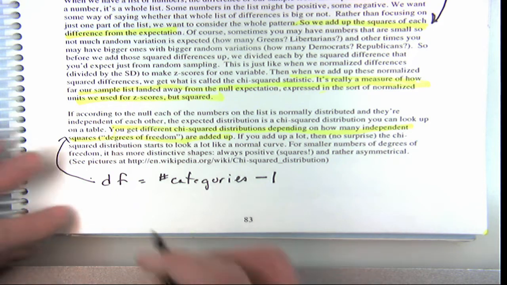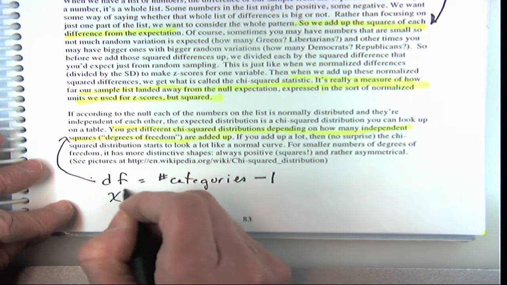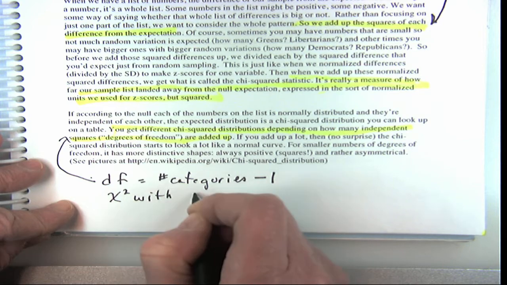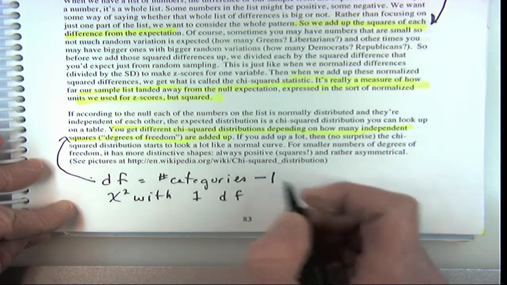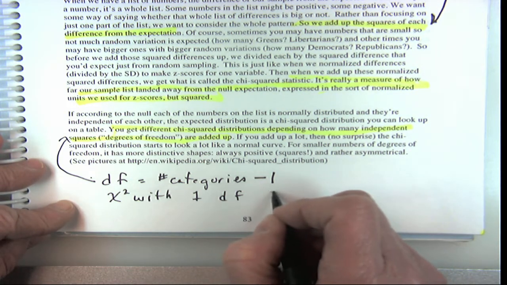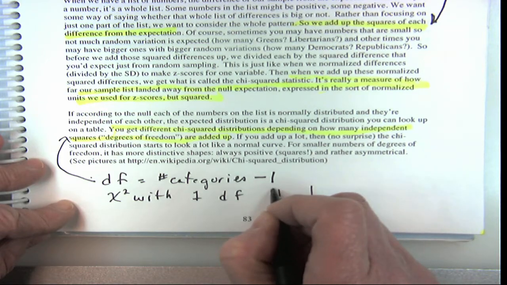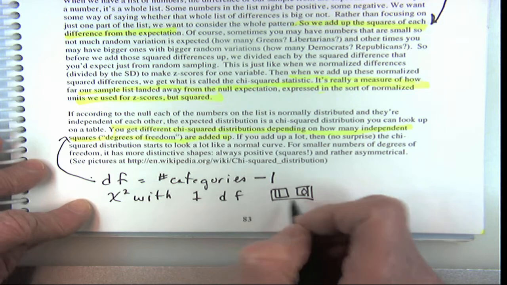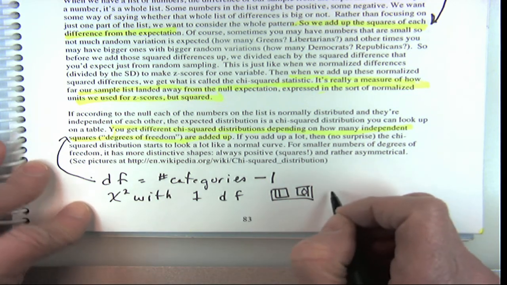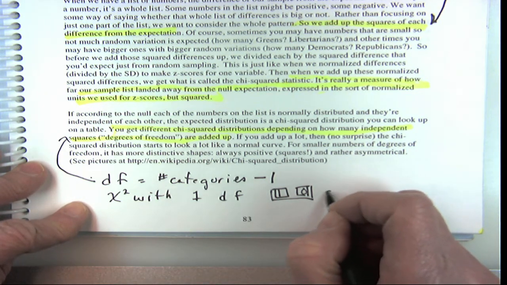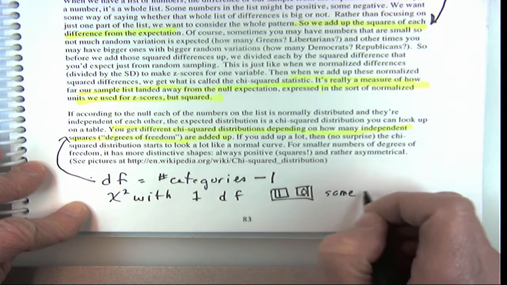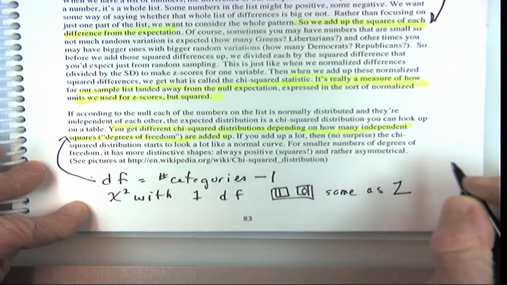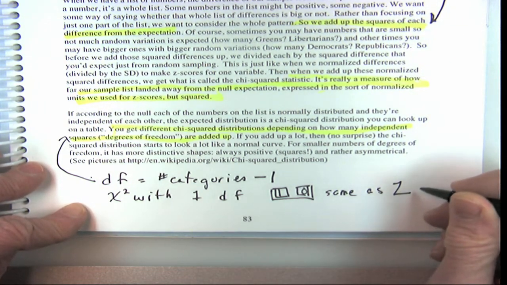A chi-squared with 1 degree of freedom is just a box that's a 1 and a 0. It just has 2 categories. We could code it like this. That is the same as a z test.